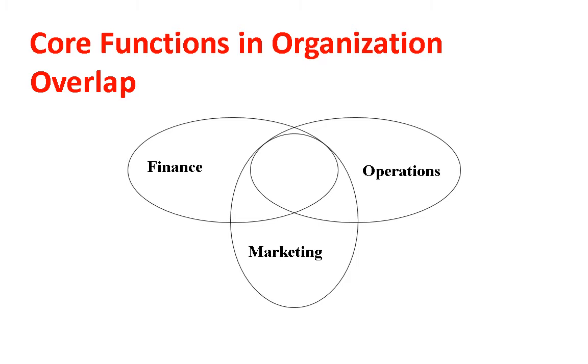Functions other than operations, marketing and finance exist within organizations, and they receive varying emphasis depending on the organization's purpose, its external environment, and the persons within the organization who shape its responses to the environment. If a company produces a tangible product, some product development, design and engineering functions must be performed.